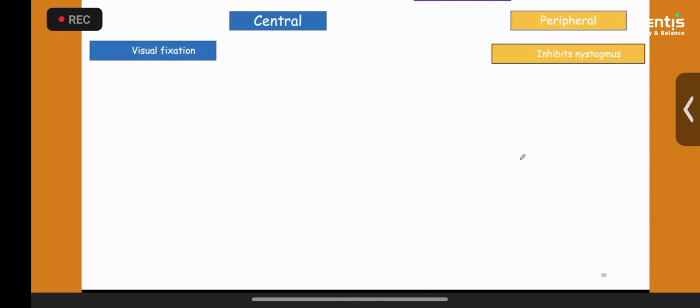So whenever the nystagmus is present without fixation and it gets suppressed by fixation, then it is usually peripheral. And usually the central nystagmus doesn't get suppressed by fixation.